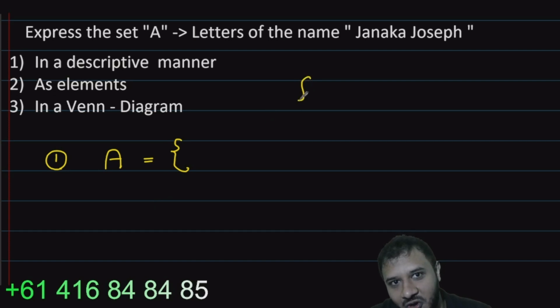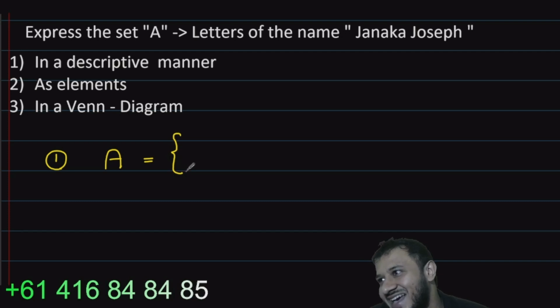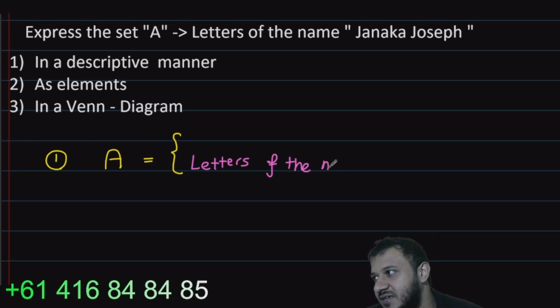You draw like a 2 and then another one. This is how you do it. Open a curly bracket, and write down whatever the question says as it is: letters of the name Janaka Joseph. Just write it like that, in words. Letters of the name or word. In this case, they say name, so let's use name.